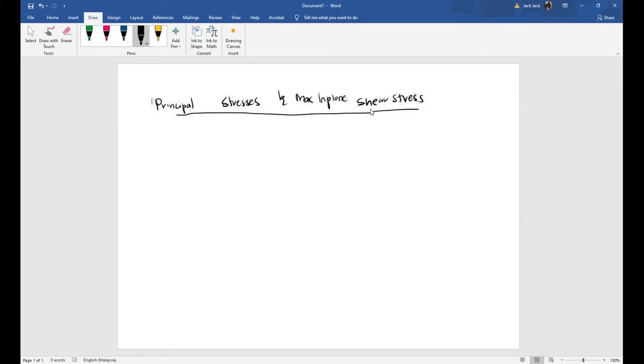Similarly to our previous lecture, we need to define theta in order to determine what value of theta will result in the maximum value of normal stresses or principal stress. For the maximum in-plane shear stress, instead of theta p, since we want to determine the shear stress, we state the theta as theta s.